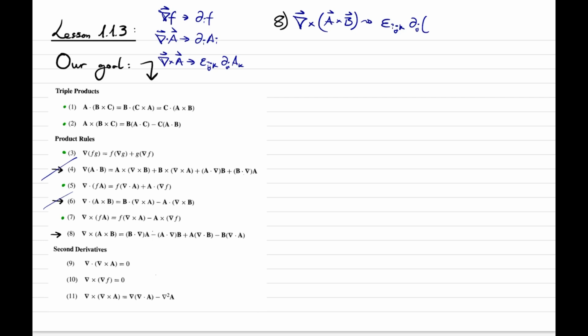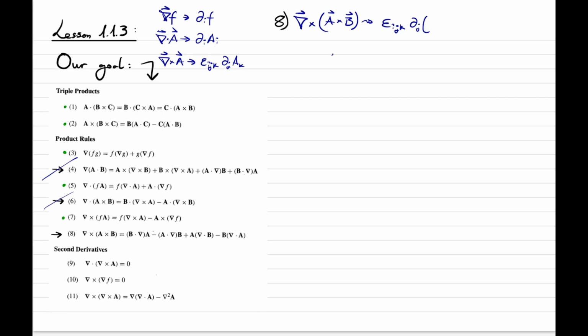Now in the second slot we have the nabla, which is going to be del j, and now here we have a vector, and that vector is the cross product of A with B. So we have to write here the kth component of that vector.